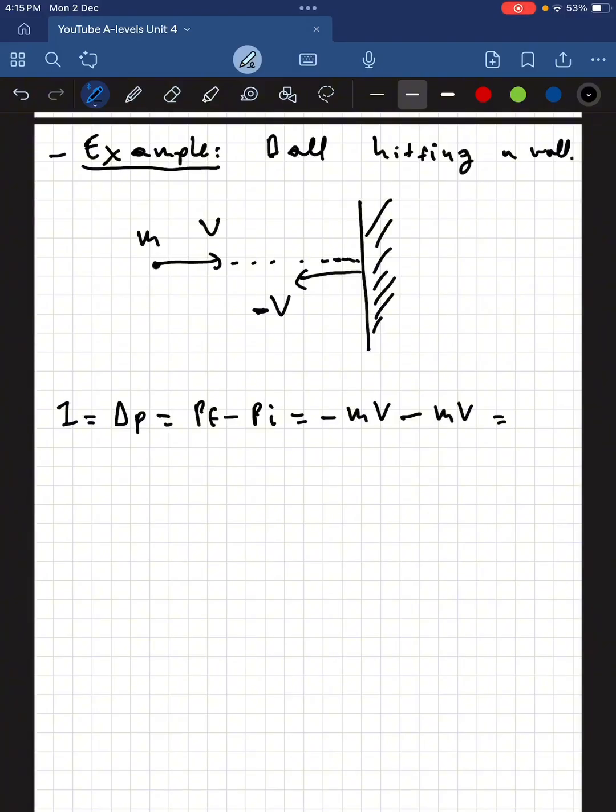So the change in momentum is minus 2mv, which is the impulse on the ball. So the impulse on the ball is minus 2mv.